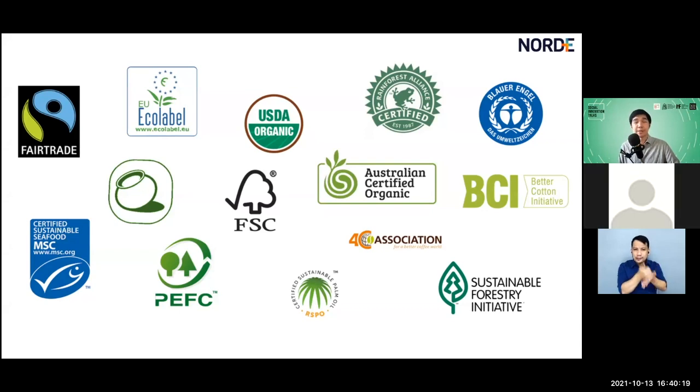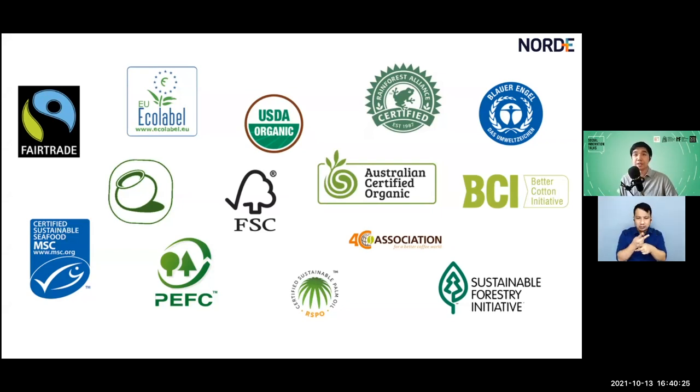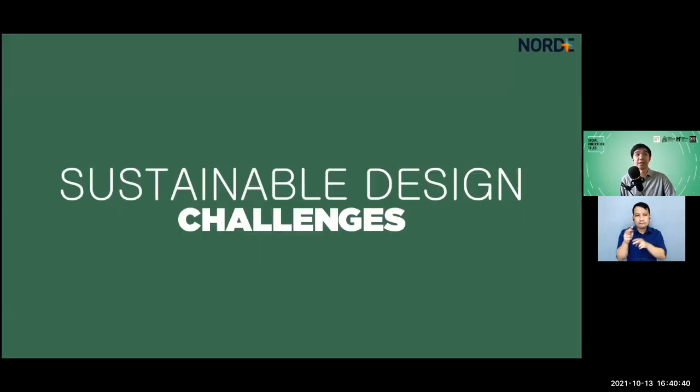And at the same time, for someone who is looking to design or create a product, there are ways for us to shape our decision making. They can shape the way we source, the way we manufacture, the way we produce based on these requirements. So eco-labels are a very useful way at times to monitor the success of sustainability.